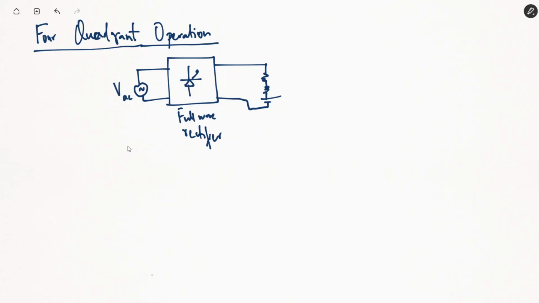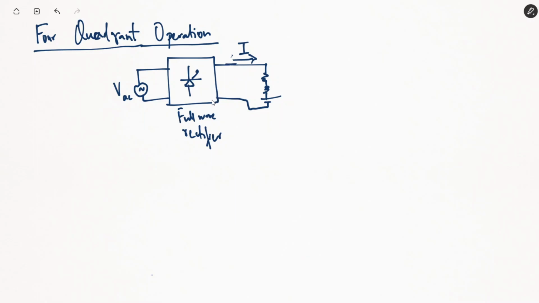The current flowing in a thyristor cannot flow in this direction in this circuitry. Since a thyristor is a unidirectional device, it will not allow the current to flow in the negative direction. It's only possible for the current in this circuit to flow unidirectionally, in this direction.